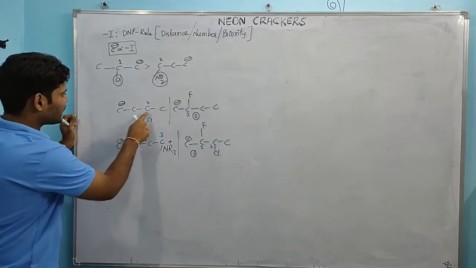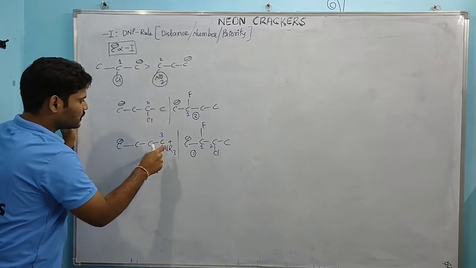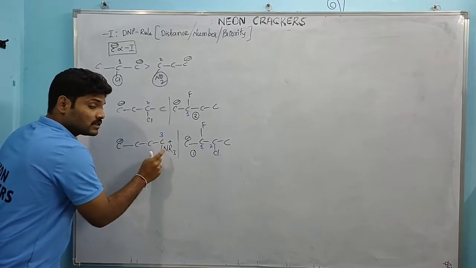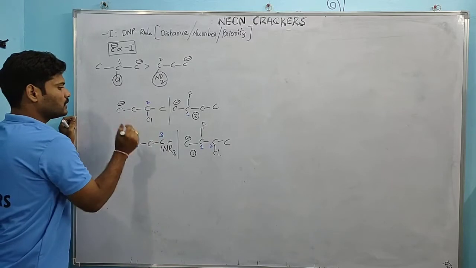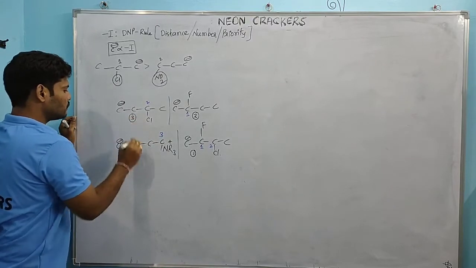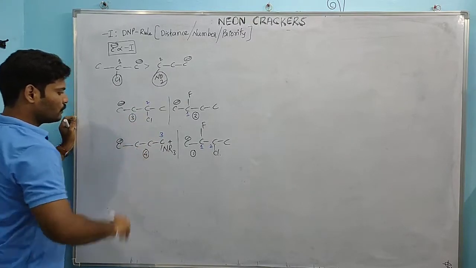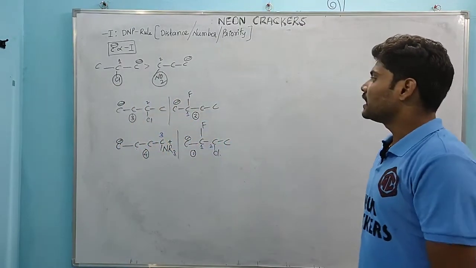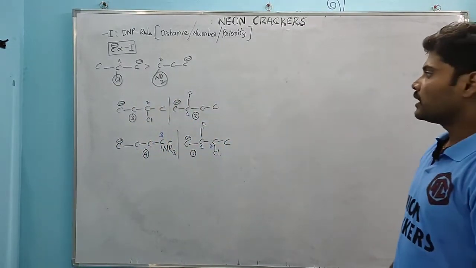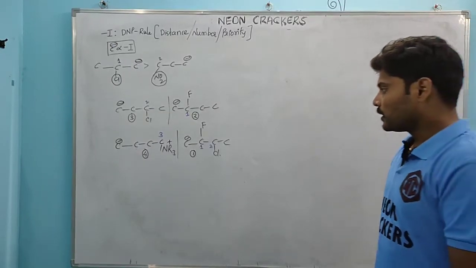Next one is on the second carbon, and here the third carbon. This is of course a stronger minus I effect, but distance is the factor. So this one is third and this one will be fourth. This will be the overall order of stability of carbanion.